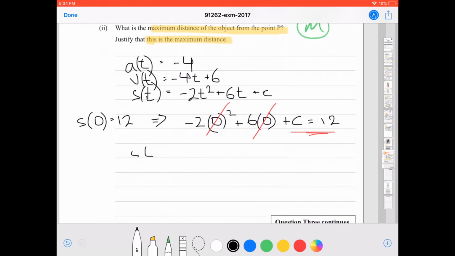So your distance function, s of t, is minus 2t squared plus 6t plus 12. Question's asking, what is the maximum distance of the object from the point P?